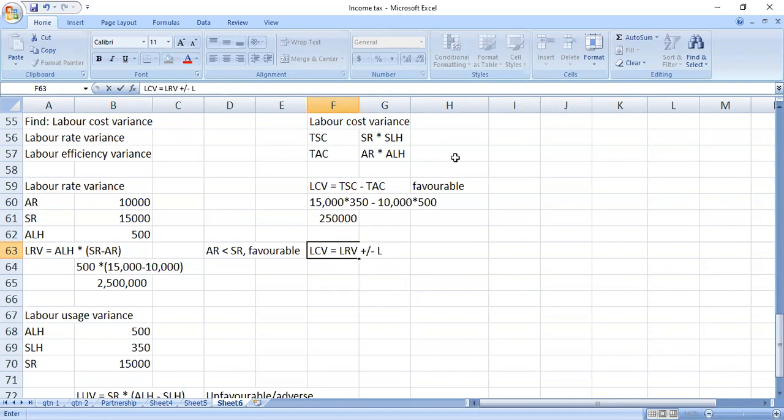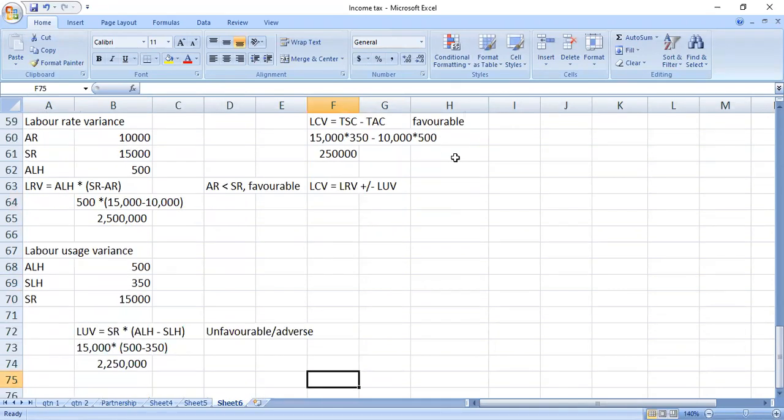labor usage variance. I'll confirm the labor rate variance, we saw it is 2,500 and it's favorable, so that's positive. Then usage is 250, but it's unfavorable. When you're adding them together, the big one takes it all.